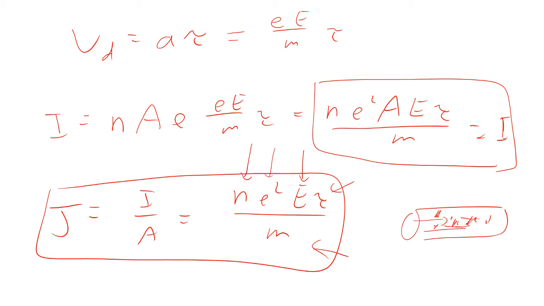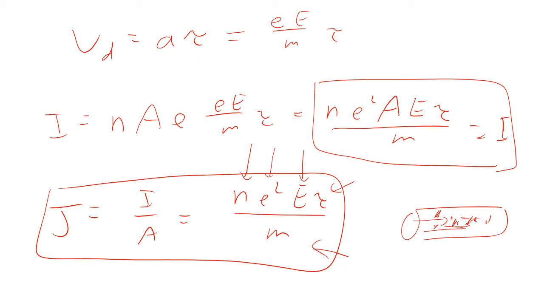So that means if you increase the voltage on your conductor, you're going to have more current. If you decrease the voltage, you have less current. And that turns out to be very closely related to this concept right here that we're talking about.